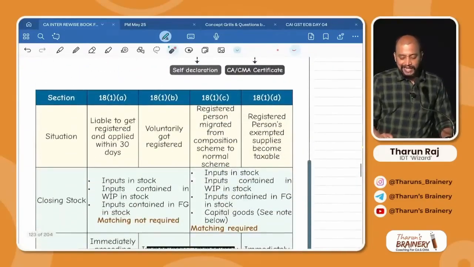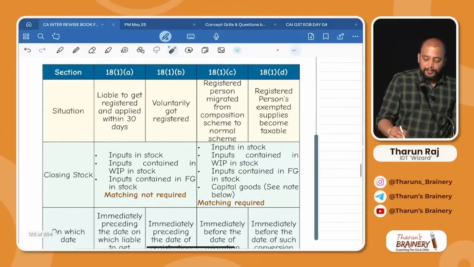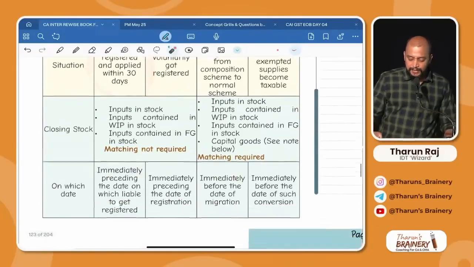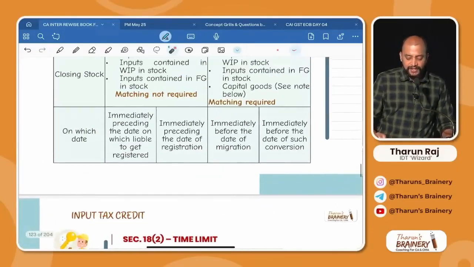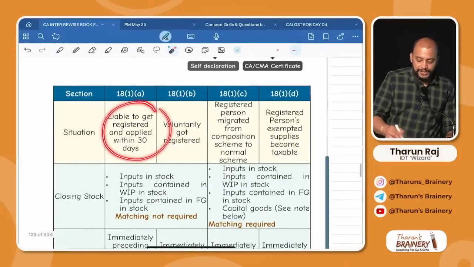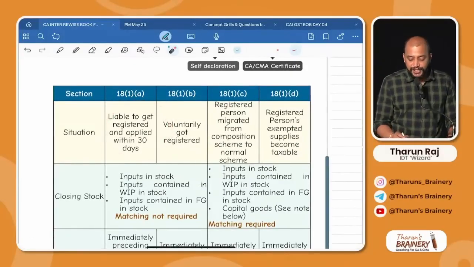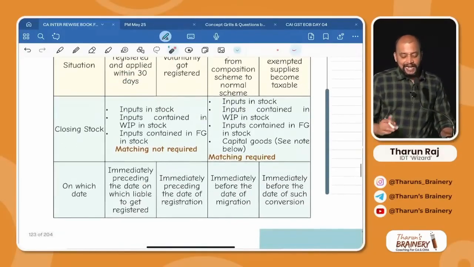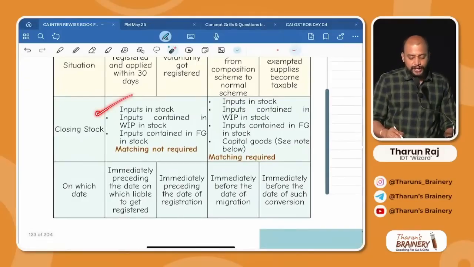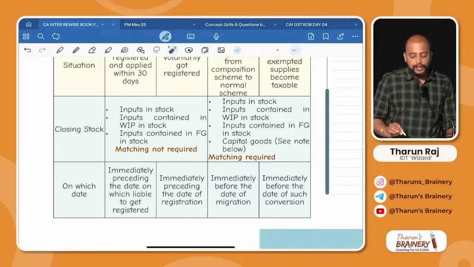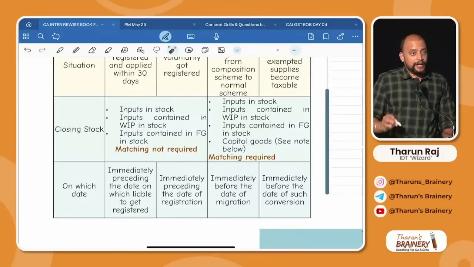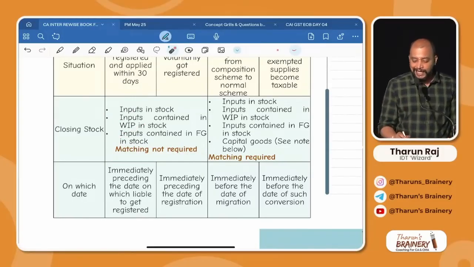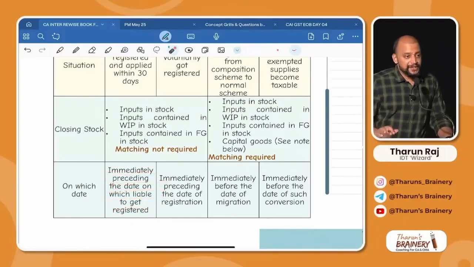You can see that in 18(1)(a), page 111. Matching is not required. On which date should the closing stock be taken? Immediately before the date on which he is liable to get registered.